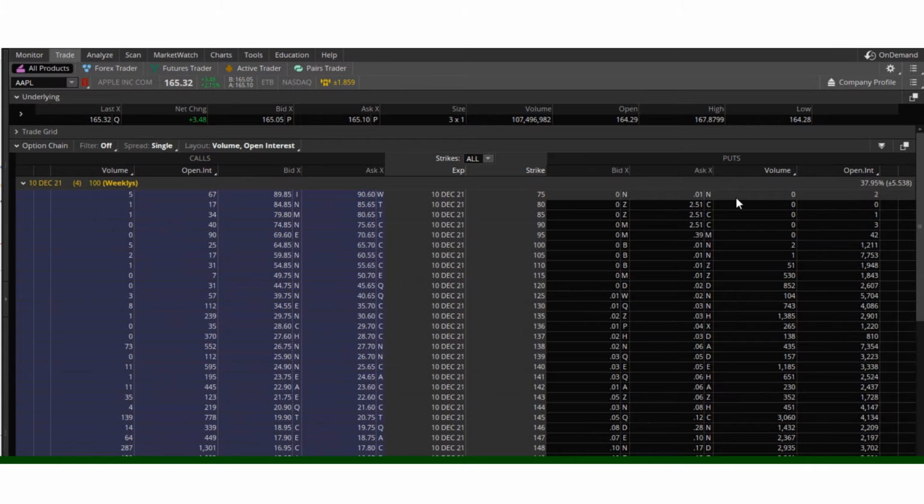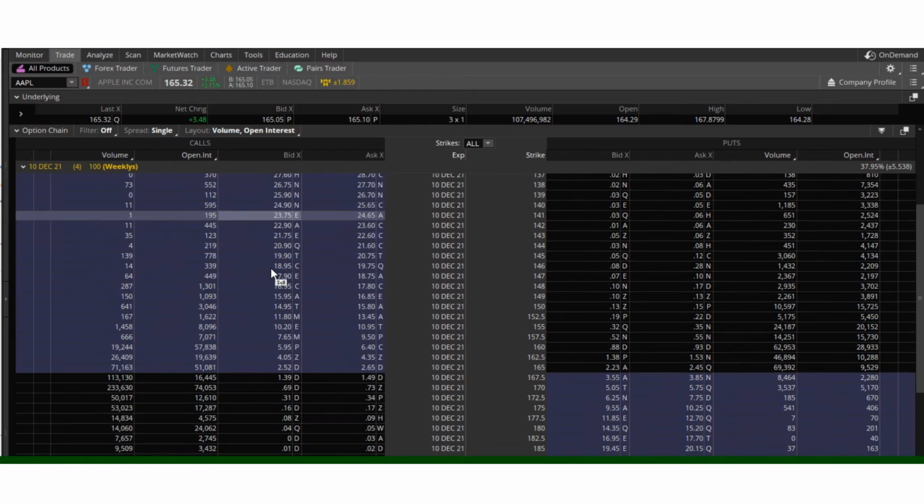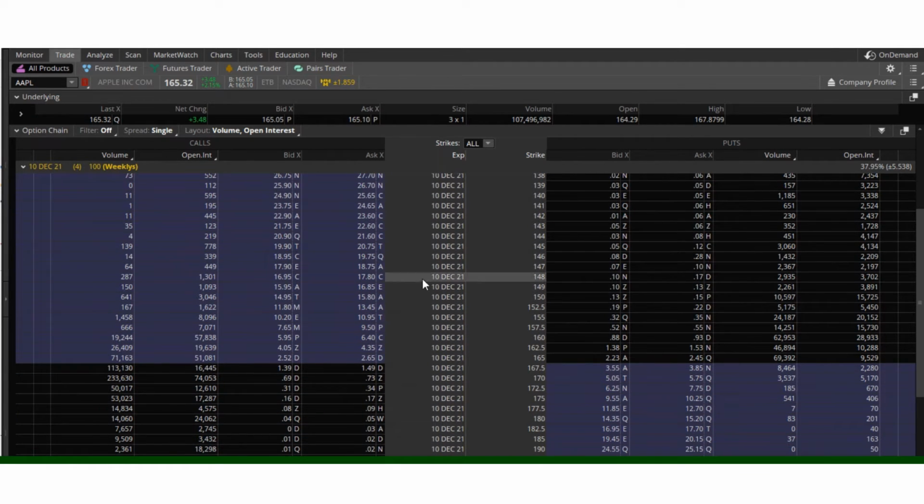One option contract is made up of 100 shares of stock. You can buy or you can sell one contract or many. When you are buying call options, you pay the seller a strike price. So let's say we're looking to buy a call in Apple stock.